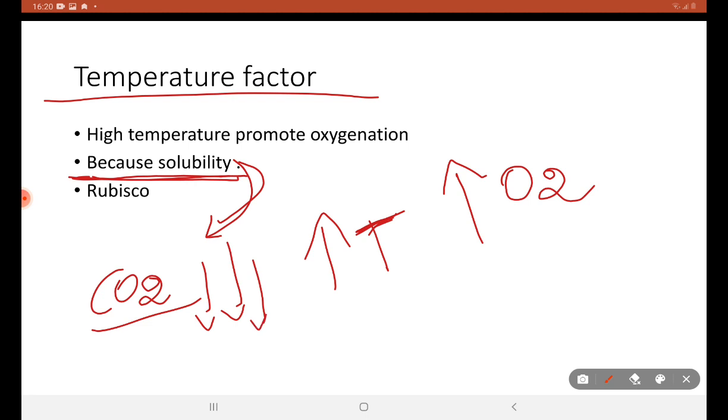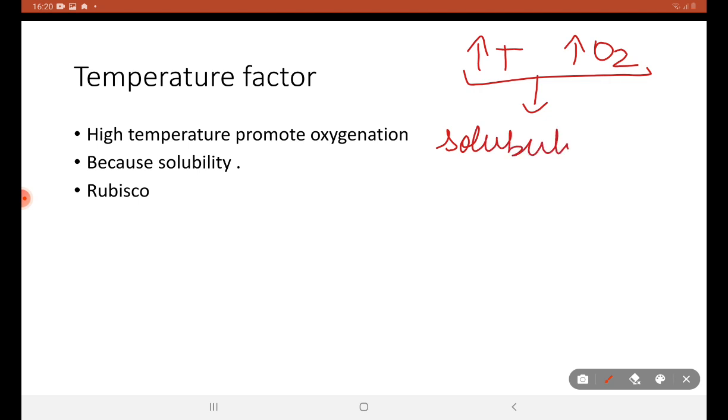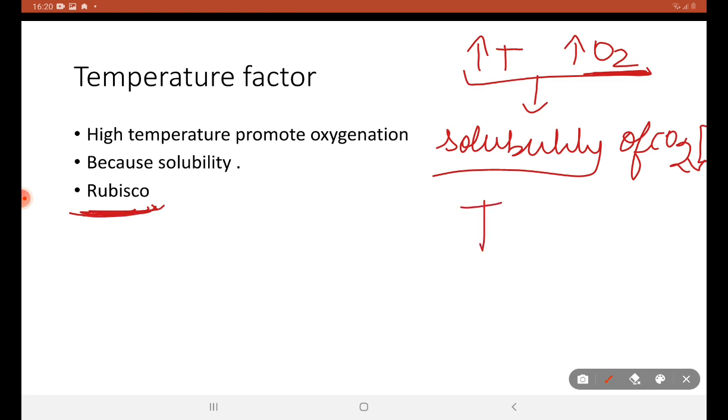So oxygenation is promoted. Temperature increases, oxygenation increases. Why? Because the solubility of carbon dioxide is decreased, so oxygenation is promoted and Rubisco will be more active in oxygenation.